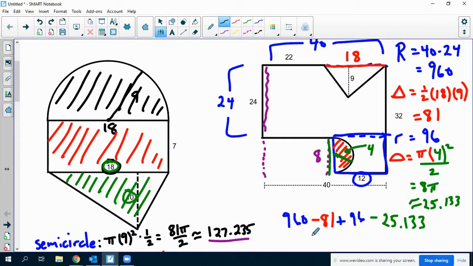When I'm all done with that, I end up with 975 minus 8 pi as the exact answer. And the rounded answer would be 949.867 units squared.